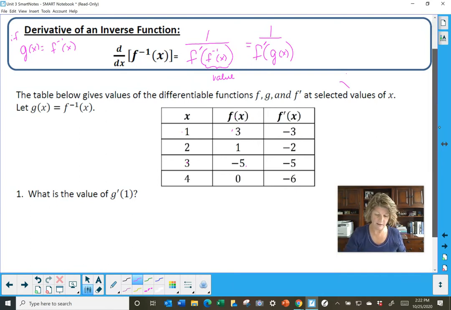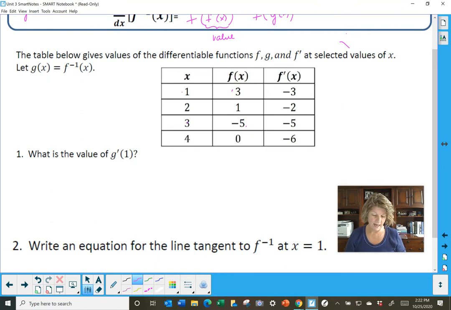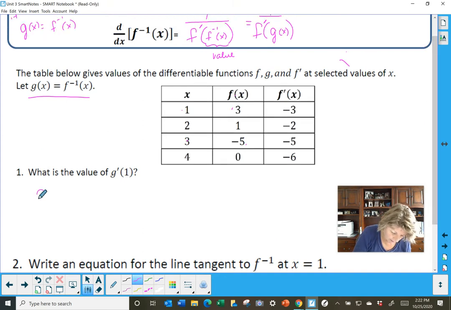It is confusing. So we have this table below, and we have f and g and f prime at selected values. We know that g of x is equal to f inverse of x. What is the value of g prime of 1? So to find g prime of 1, I know that g is really the inverse function to f.